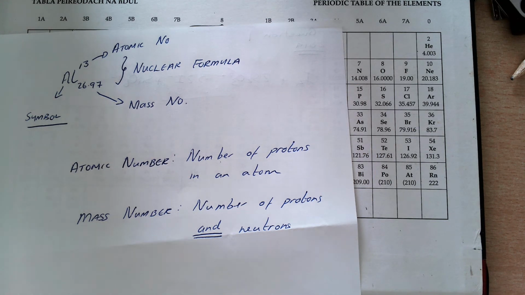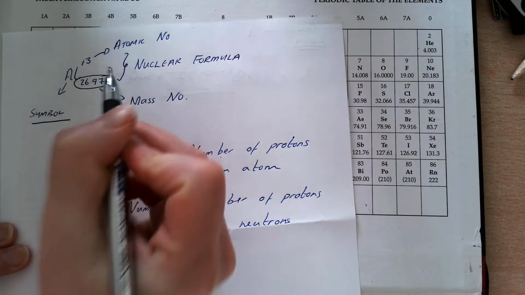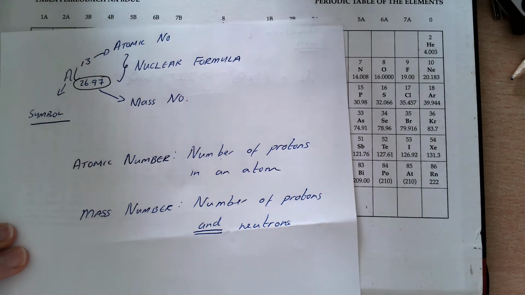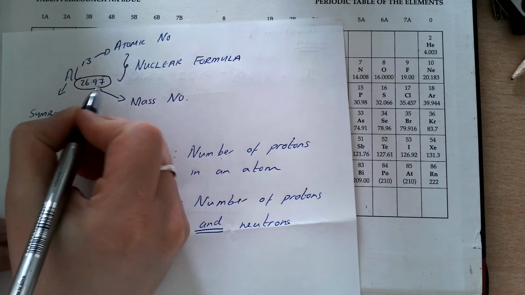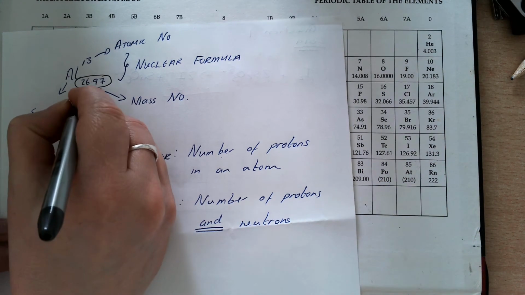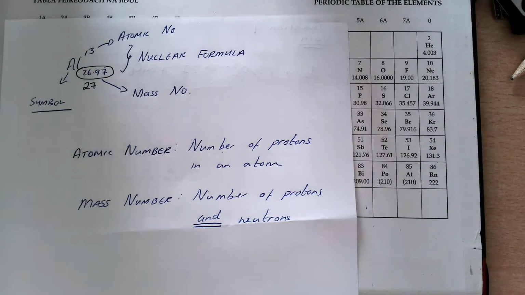The first thing I'm going to look at is the mass number here. And if I look at my mass number, I can see that it's 26.97. And with these mass numbers, they're very rarely whole numbers. So what you're going to have to do is round it to the nearest whole number. The nearest whole number to 26.97 is 27.